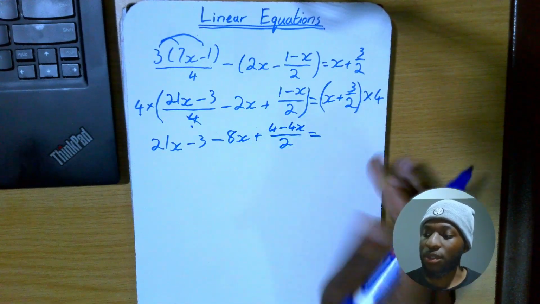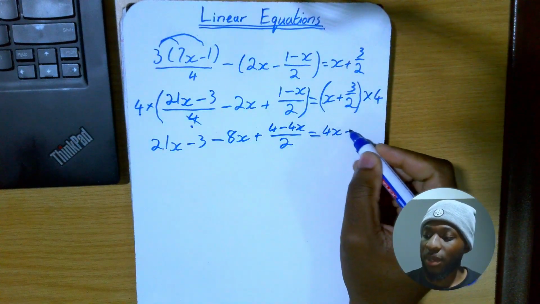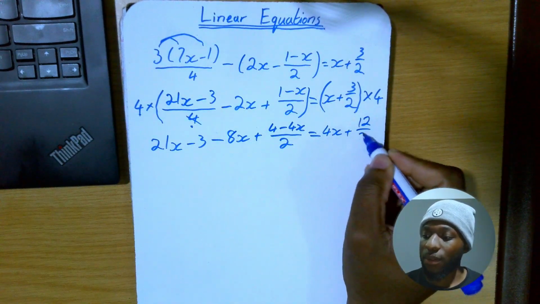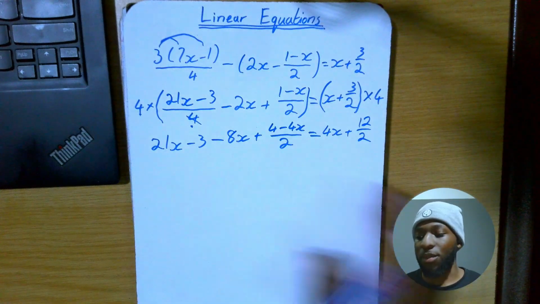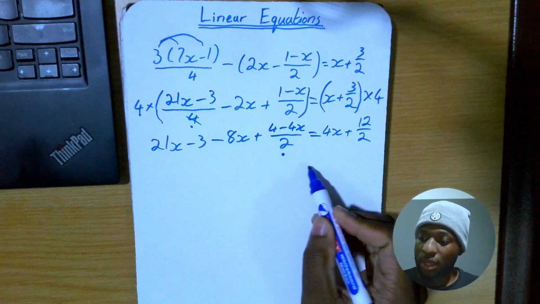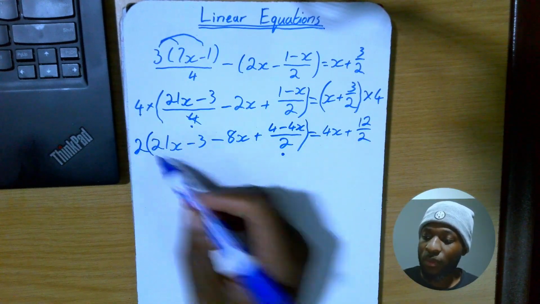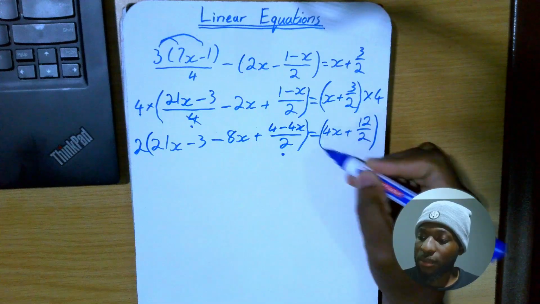All this is equal to 4 times everything in there, so that's going to be 4x plus 12 over 2. This is what we have. We're just going to focus on getting rid of this fraction over here. So we'll multiply every single thing by that 2, and do the same on that side as well.